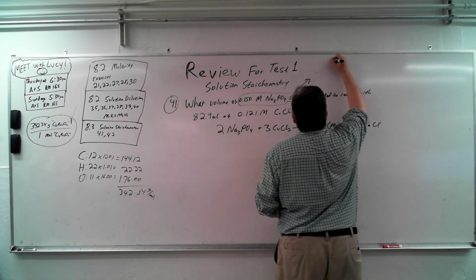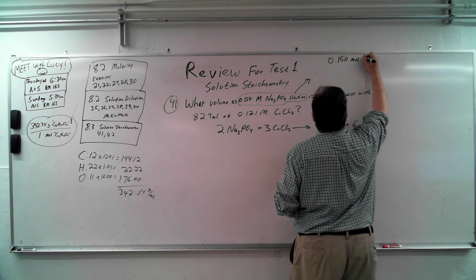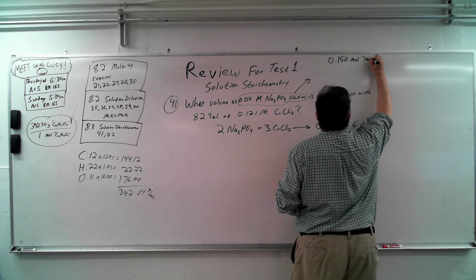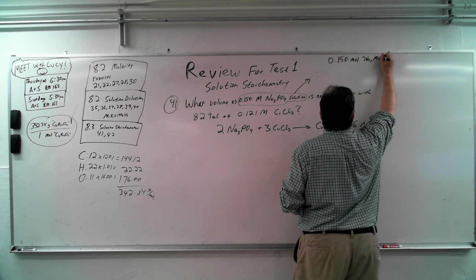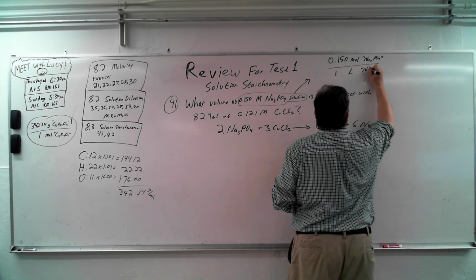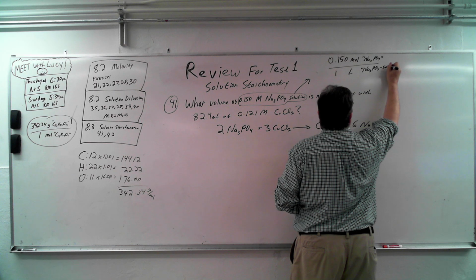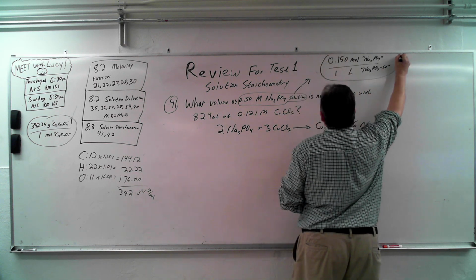That more formally is 0.150 moles Na3PO4 to 1 liter Na3PO4 solution. So we're going to need that.